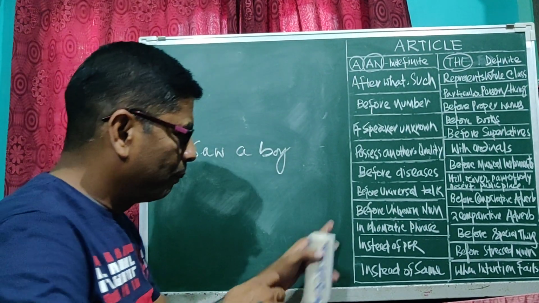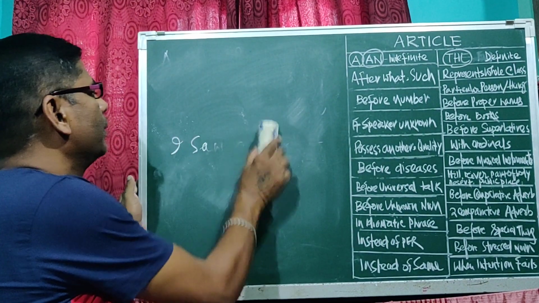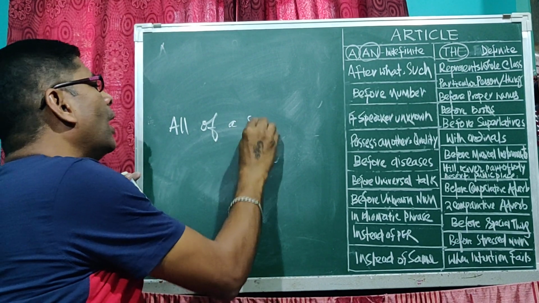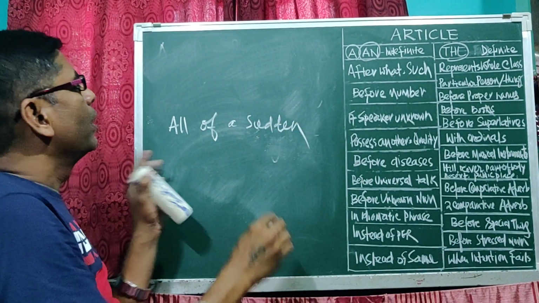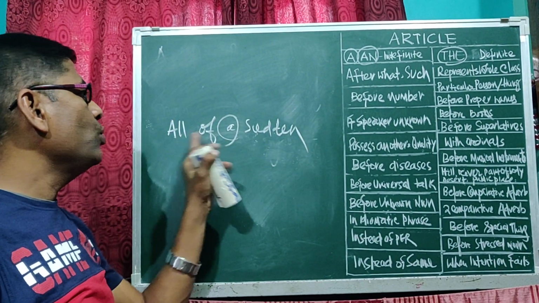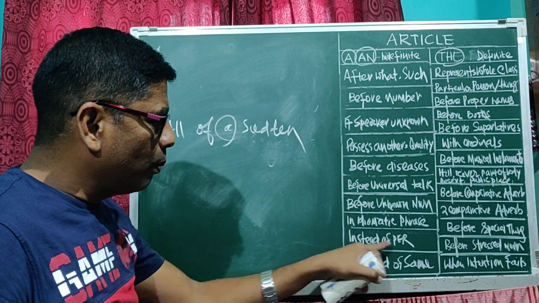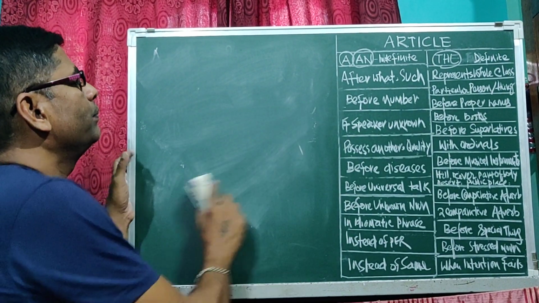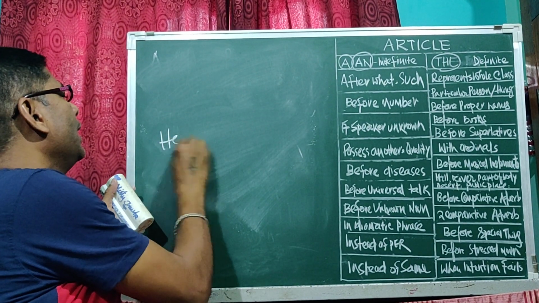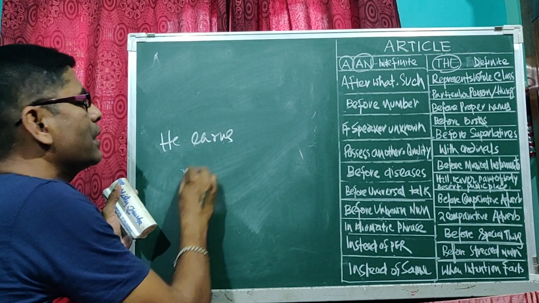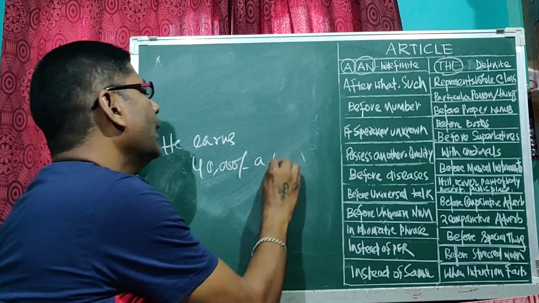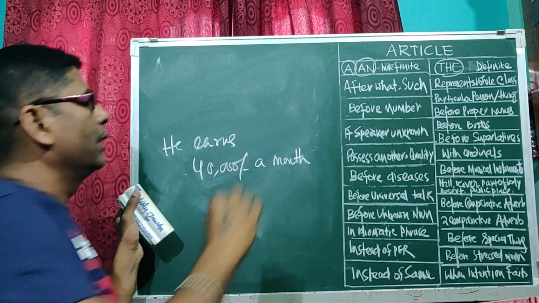In an idiomatic phrase, for example, all of a sudden, we use A. Instead of per: instead of the word per, we use A. He earns 40,000 a month.